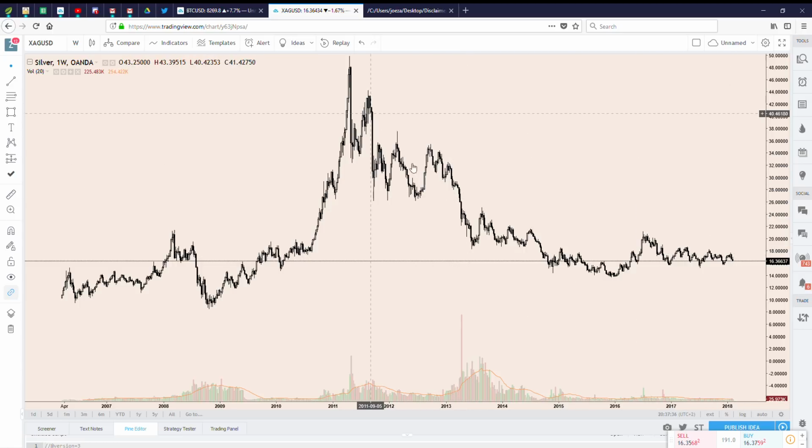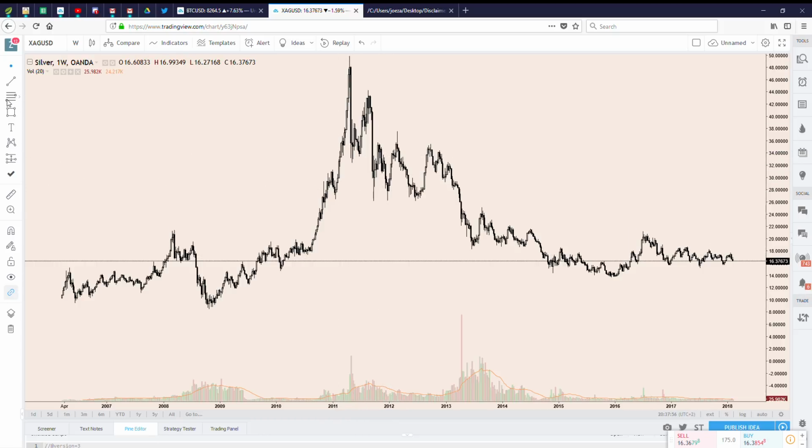You're trying to catch the bottom or catch any of these pullbacks just to make some profit on the way down. And on the way up, you want to get out of the trade before it pulls back, out of the trade, pull back, out of the trade, and you need to know where you're going to exit.